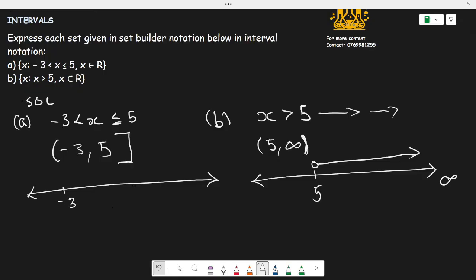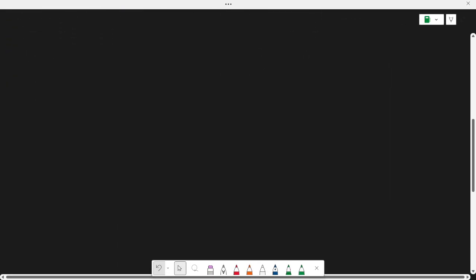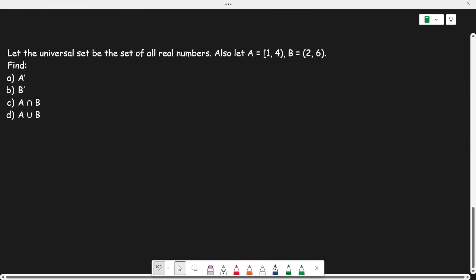Let's say 3, 5 is here, maybe 0 is here, 1, 2, 3, 4, and 1, 2 is negative. This would have an open circle here, a closed circle here, and this would be our set. Okay, so that's how you solve the first example. Let's quickly look at the second example.